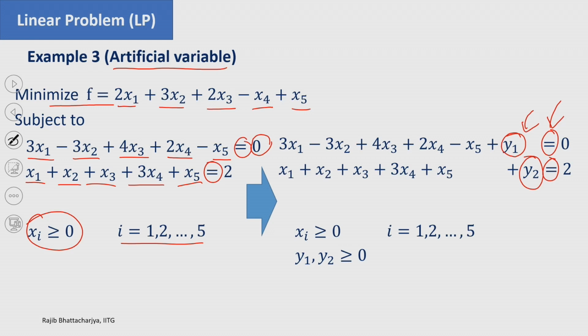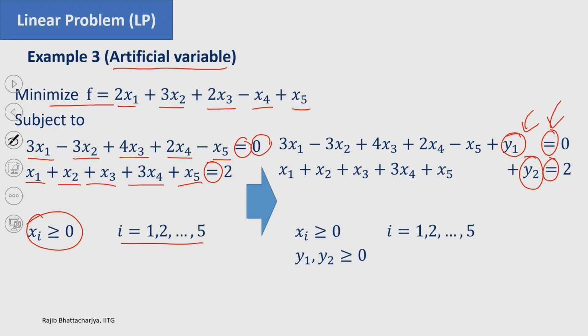So, you cannot actually write this is equal to 0, but in order to get an initial basic feasible solution, we are putting these two variables y 1 and y 2, and that will disturb the equality sign.